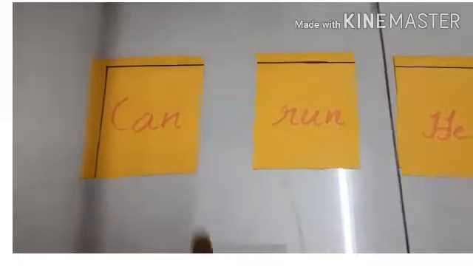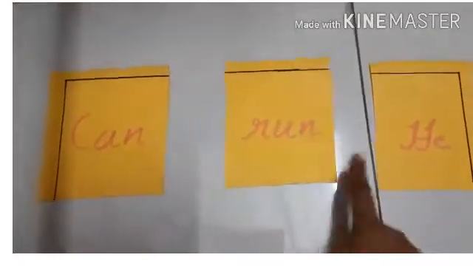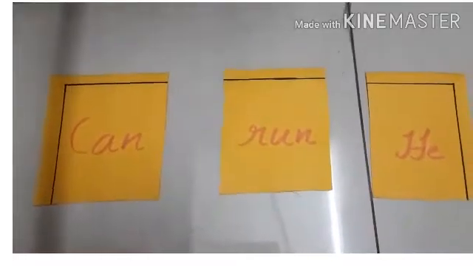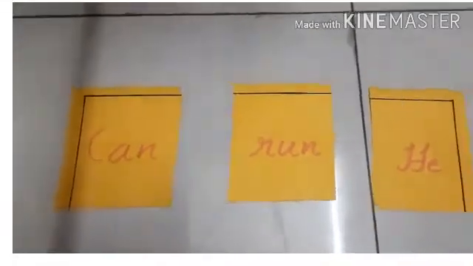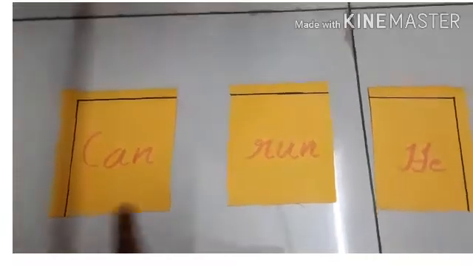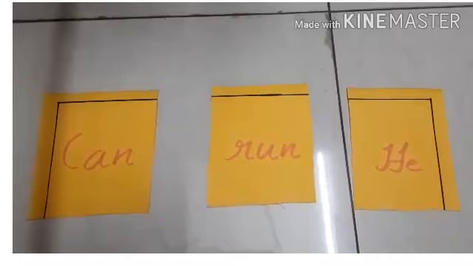Now they are given the words can, run, he. Is it okay? No, it's not a meaningful sentence. So how to make it a sentence? We already discussed that when we write any sentence, the first letter should be a capital letter. So among these words, which word is starting with a capital letter? Of course, that is He. So we can make this one first.